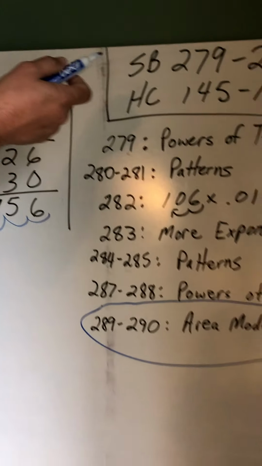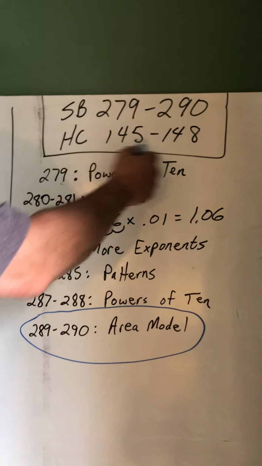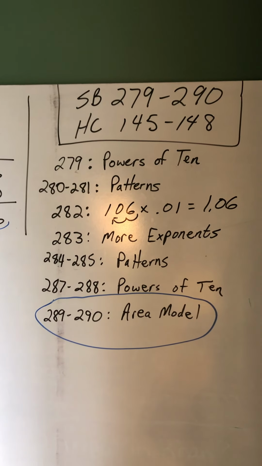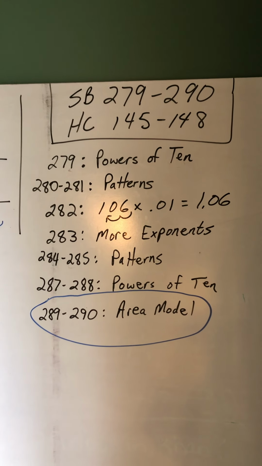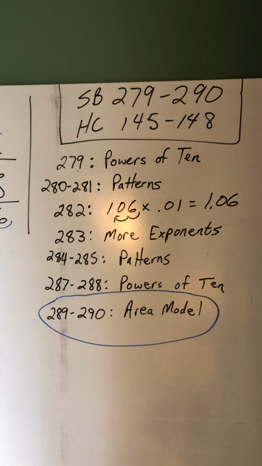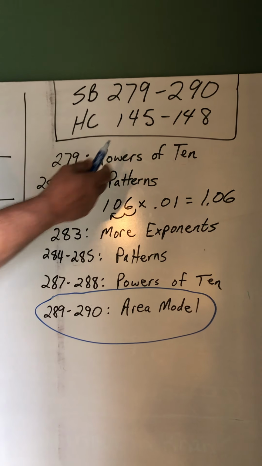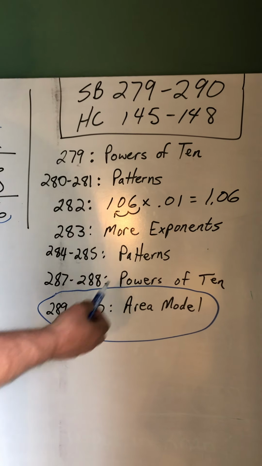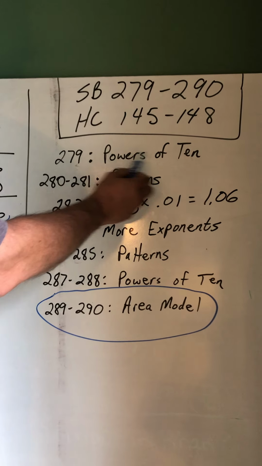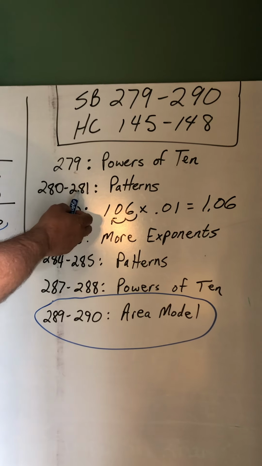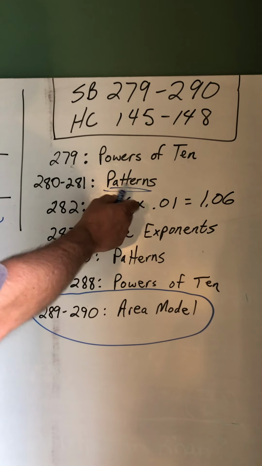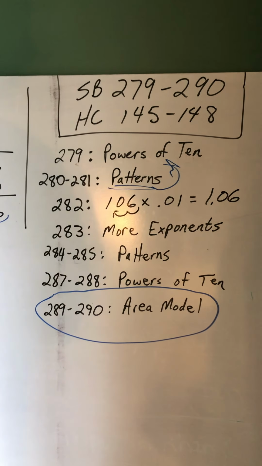Over here, here's your work. Like I said, this is all Module 3. So anything that says Module 3, Unit 7, go ahead and do. I just listed here, if you want to look at these, 279 is the powers of 10, like we've been doing. 280 and 281 are using patterns of powers of 10.